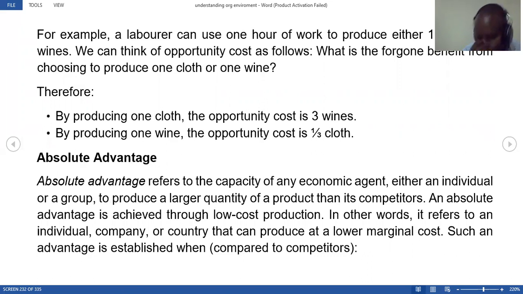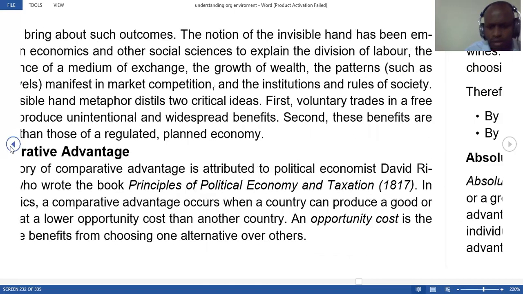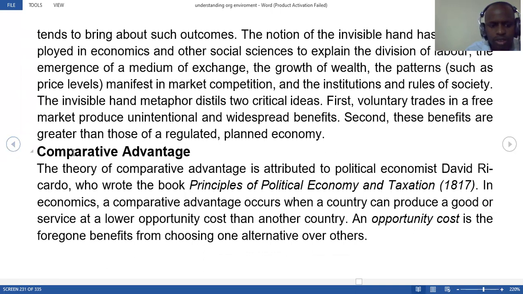So we are saying opportunity cost is the cost that an organization incurs when it forgoes producing a certain item. So the benefit that they would have got from that item, then we are saying they have an opportunity cost.